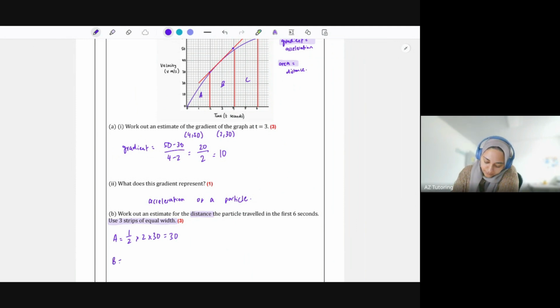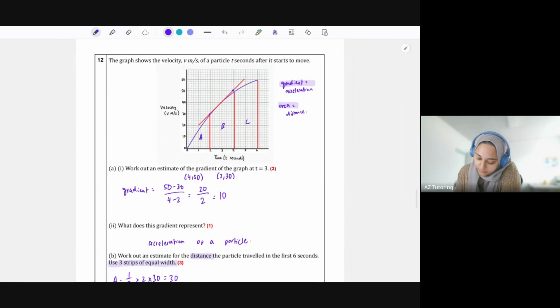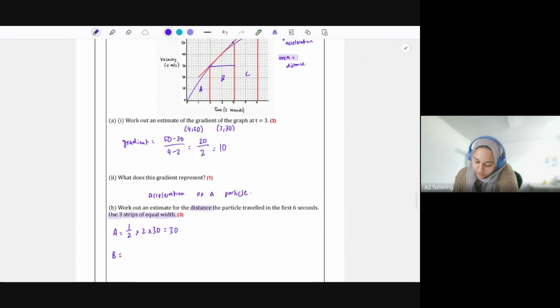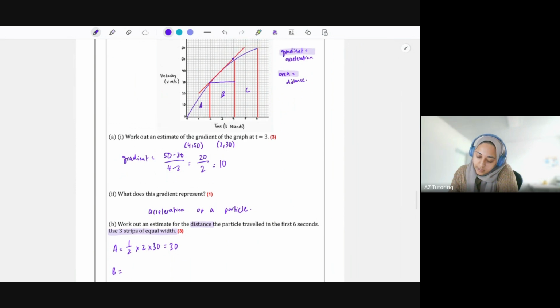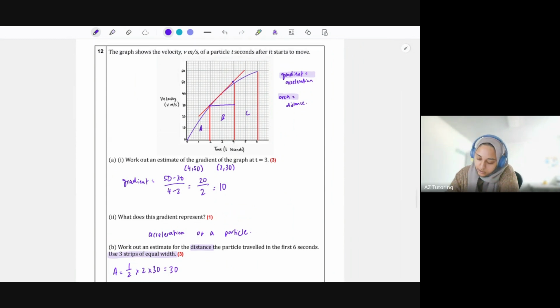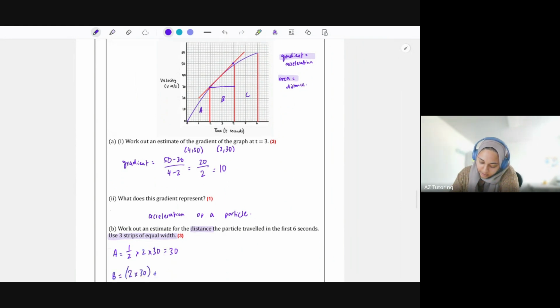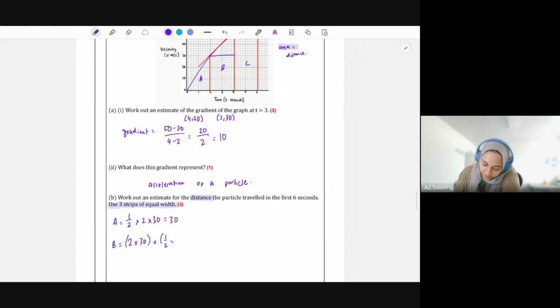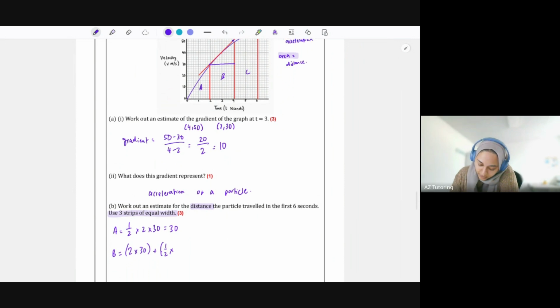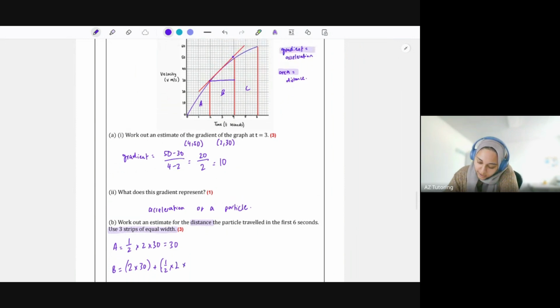Part B, I can split it into a rectangle and another triangle, just like that. For the rectangle, between 2 and 4, the base is 2 times the height of this rectangle, which is 30. And we're adding that to the triangle area. Again, it's a half times the base of that, which is 2, times the height of that triangle.